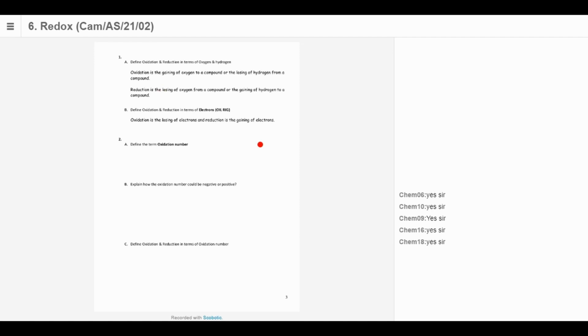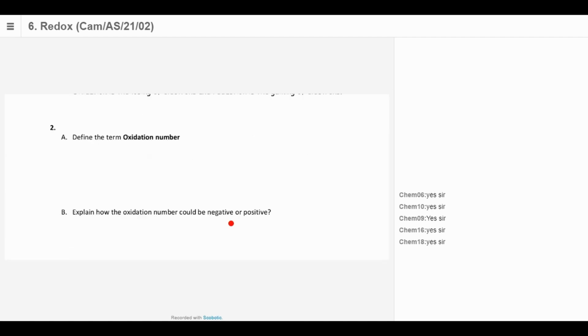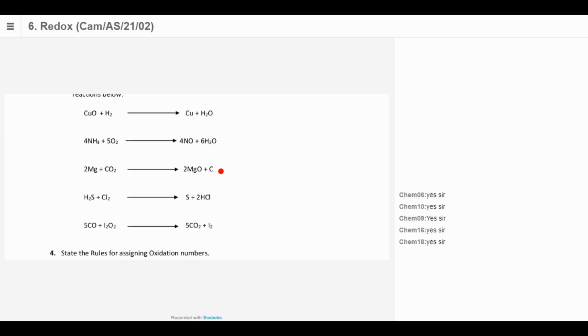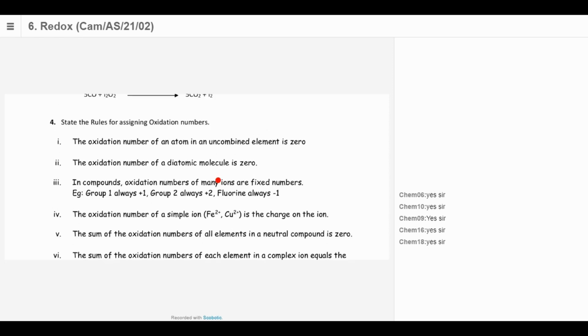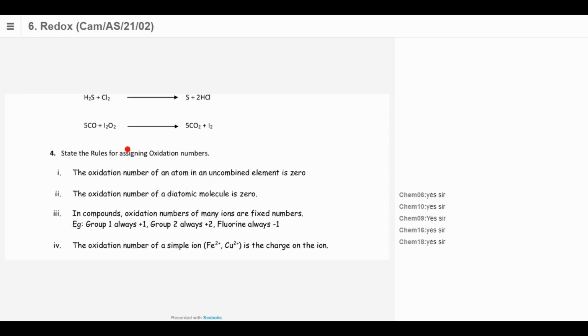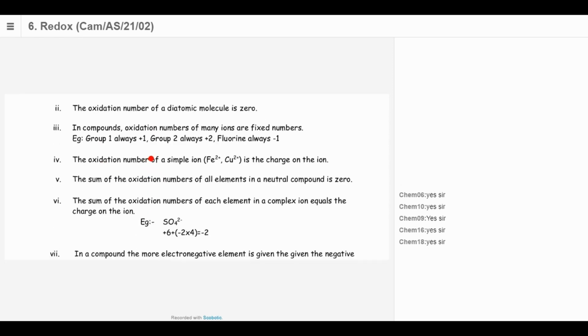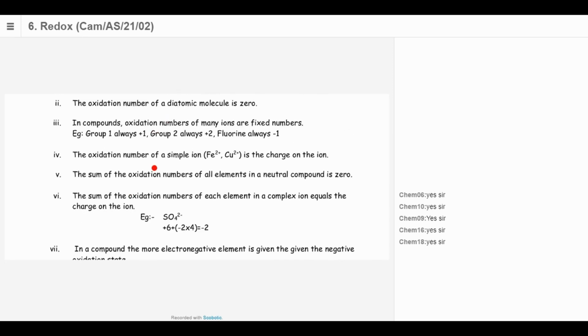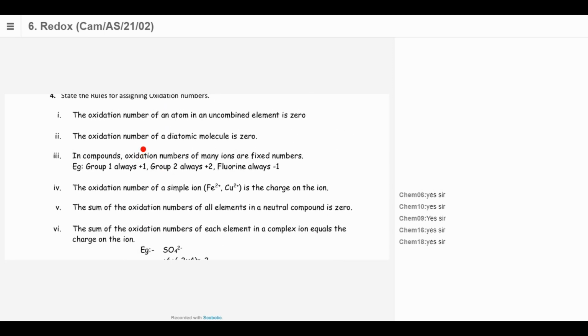And in a redox reaction, you need to know how to identify the oxidizing agent as well as the reducing agent. Before that, I explained the 8 or 9 rules of assigning oxidation numbers, because not always do you get to define redox reactions in terms of oxygen and hydrogen.